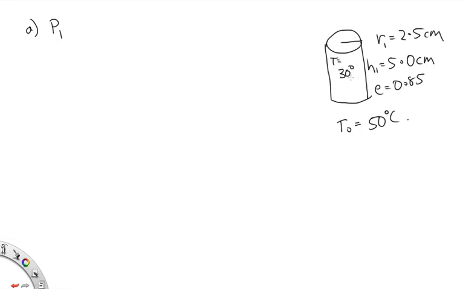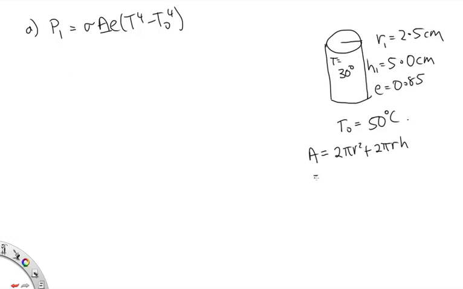This cylinder is going to be gaining energy as it has a lower temperature than its surroundings. So the formula we'll need to use is sigma A E (T to the 4 minus T naught to the 4). We need to work out A, the surface area. This is a cylinder, so it has two circular ends with surface area pi r squared, and then this rectangular piece, which is the circumference of a circle times h.